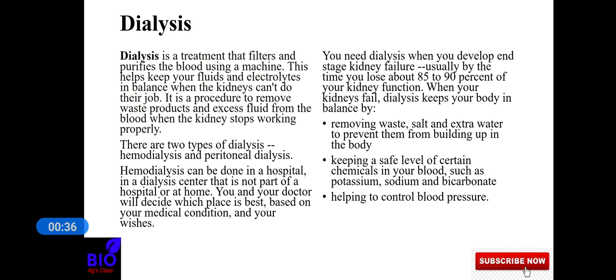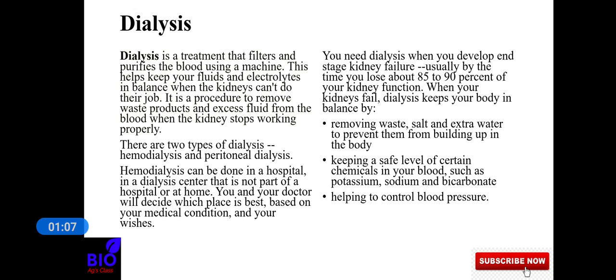This helps keep your fluids and electrolytes in balance when the kidneys can't do their job. It is a procedure to remove waste products and excess fluid from the blood when the kidney stops working properly. Actually, it could be permanent failure or it could be temporary failure.